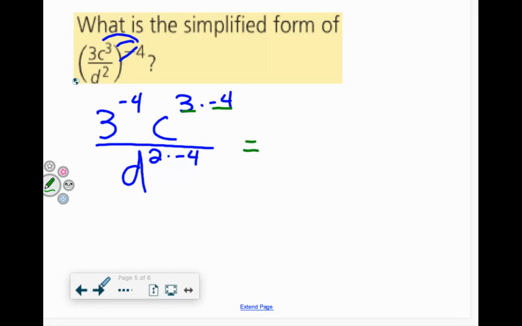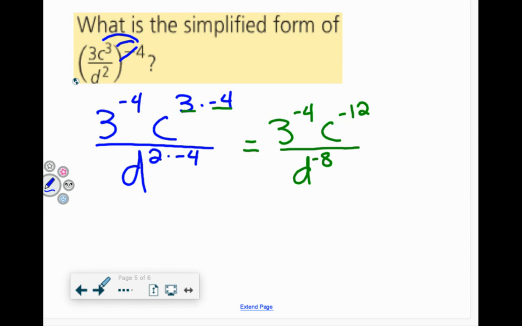We're going to first rewrite this: 3 to the negative 4th, c to the negative 12th, over d to the negative 8th. Notice we have a lot of negative exponents here. To make our lives easier, we're going to change them. To get rid of a negative exponent, if it's on the numerator, it comes down to the denominator.